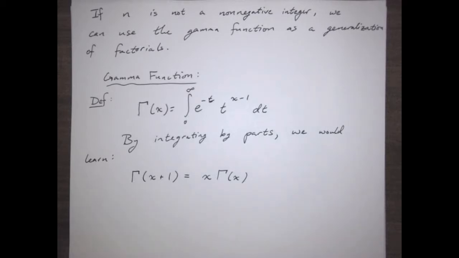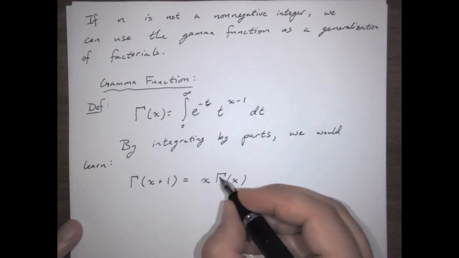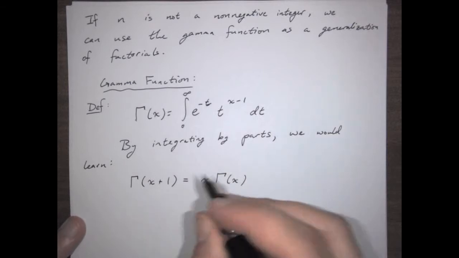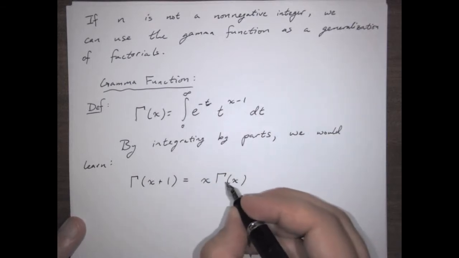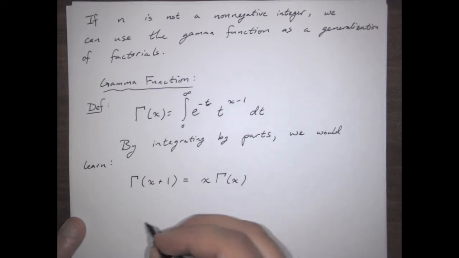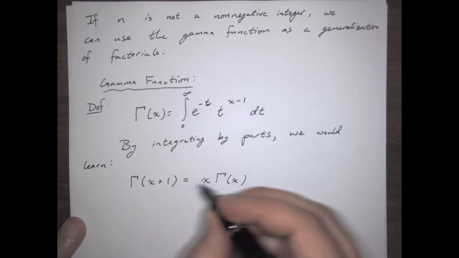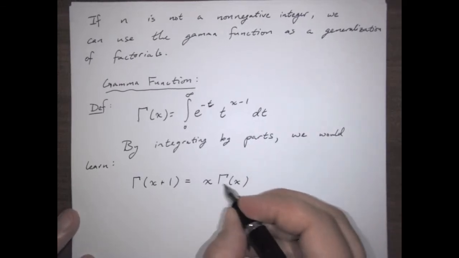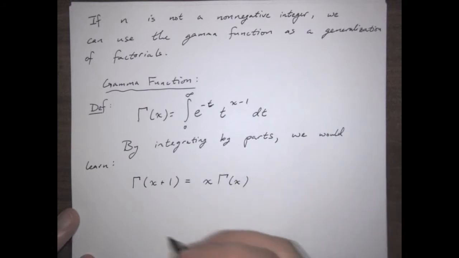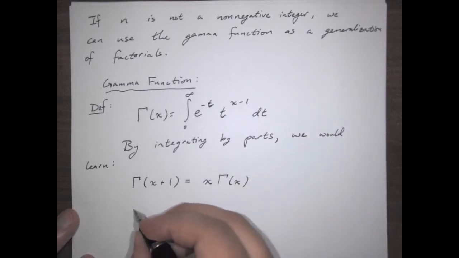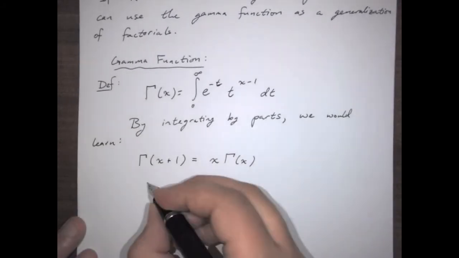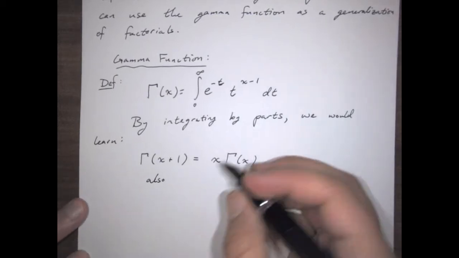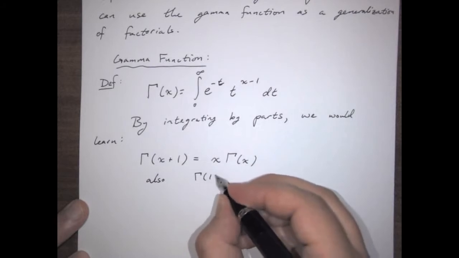And so what that means is that if we were to go up the ladder, an alternative way of looking at this is that gamma of x equals x minus 1 times gamma of x minus 1, which means that we can build up to the next level by multiplying by whatever level we're at. So also we can find that gamma of 1 equals 1.